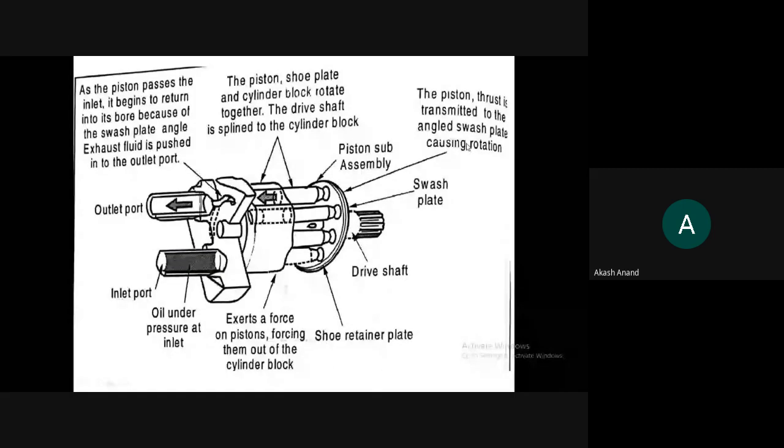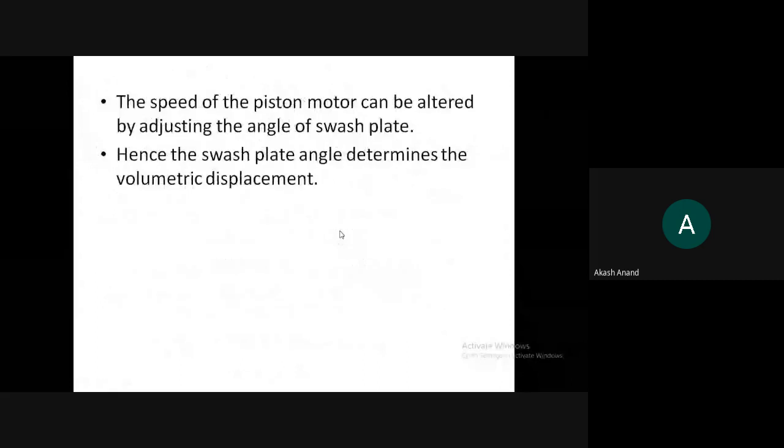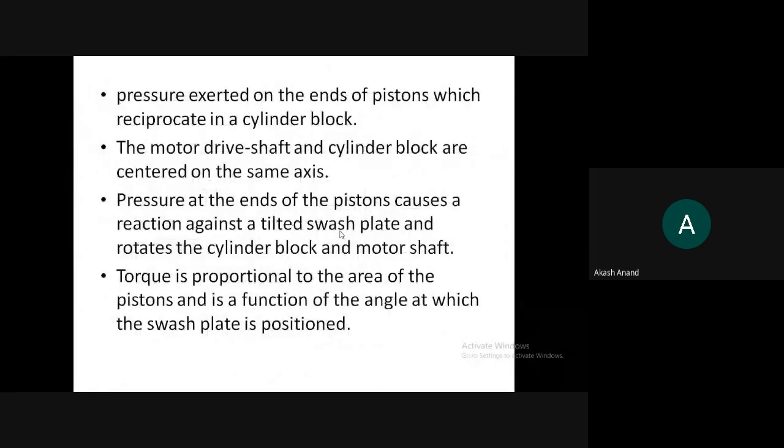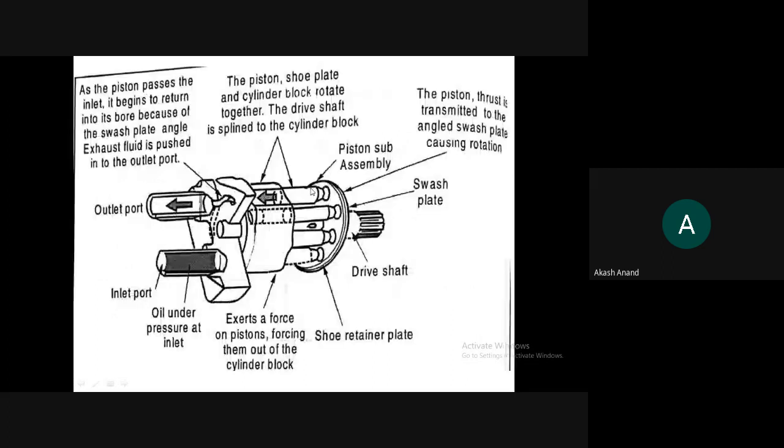So this is how the rotary motion is obtained. The pressure is exerted on the ends of the pistons, which reciprocate in a cylinder block. That is the basic idea of a piston motor. The motor drive shaft and cylinder blocks are centered on the same axis.